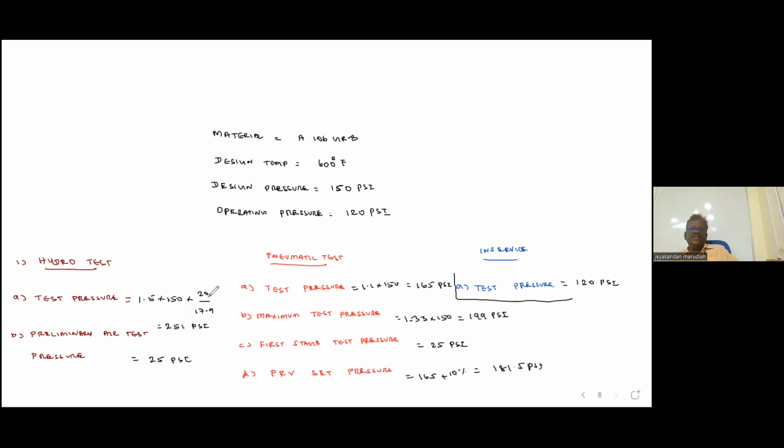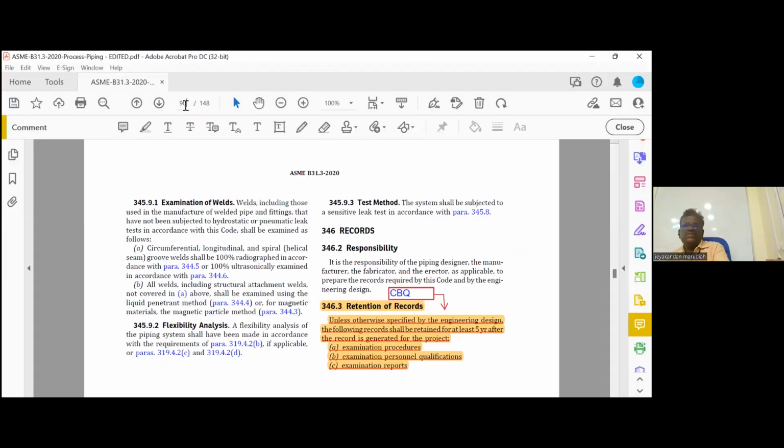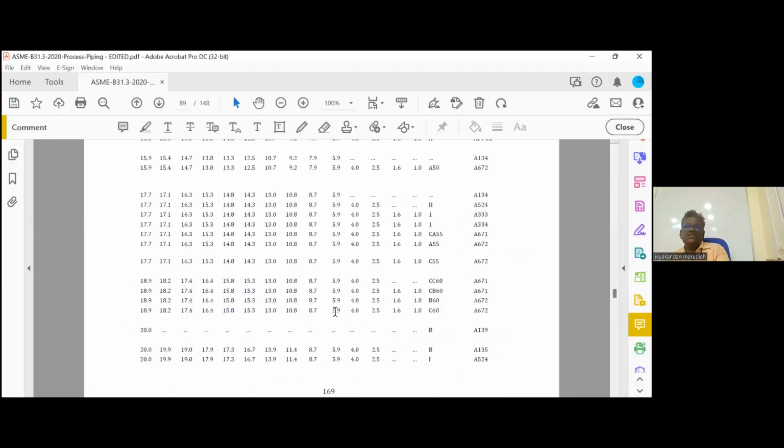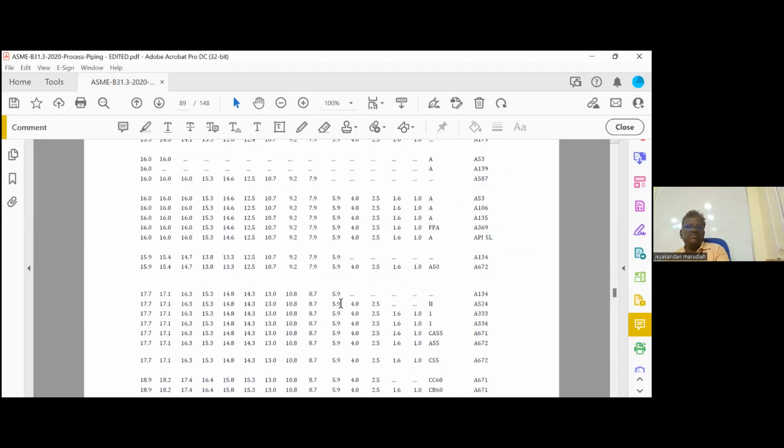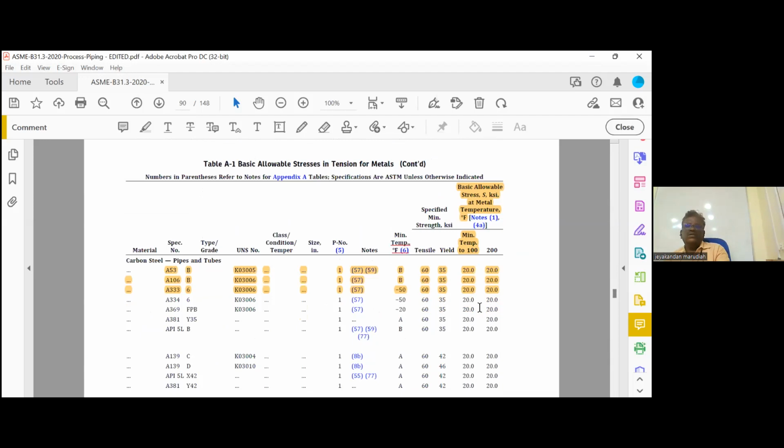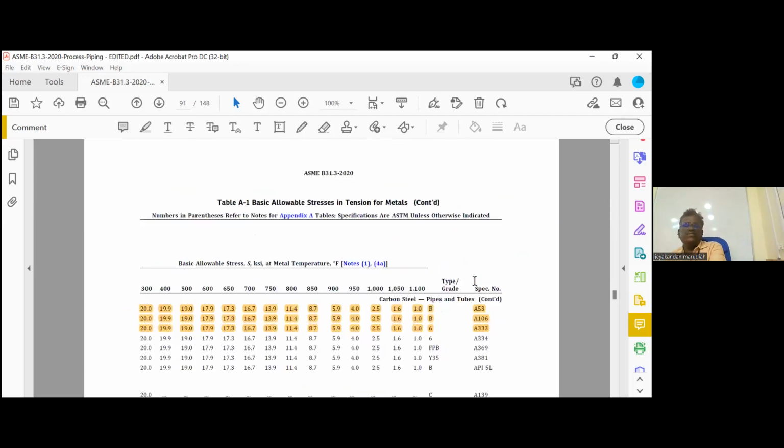First, the stress at the test temperature: as I told you, we take it up to 100 degrees Fahrenheit. If you go to this table, you can see A106 Grade B. The first one is minimum temperature, 20, so you take 20,000. Then 600 is on the next page.